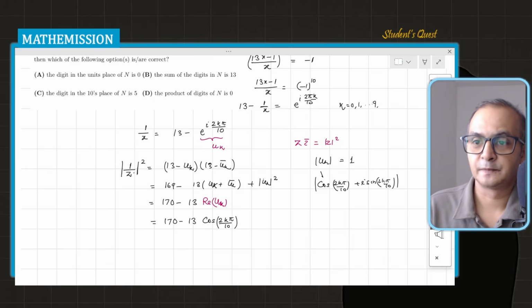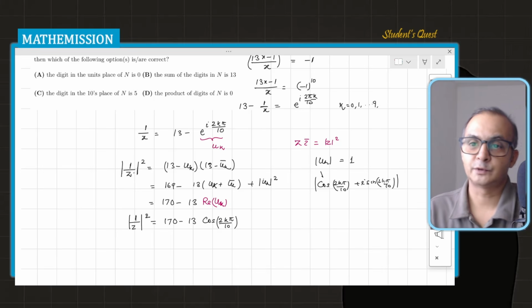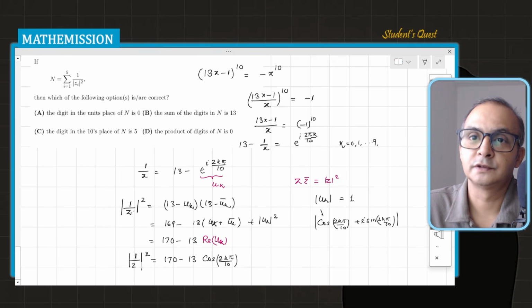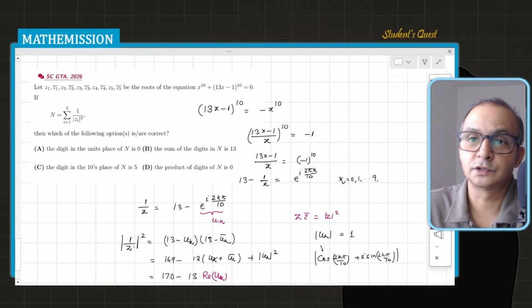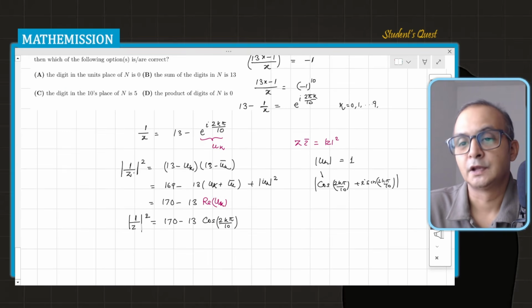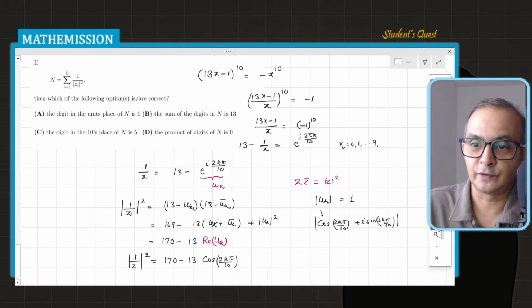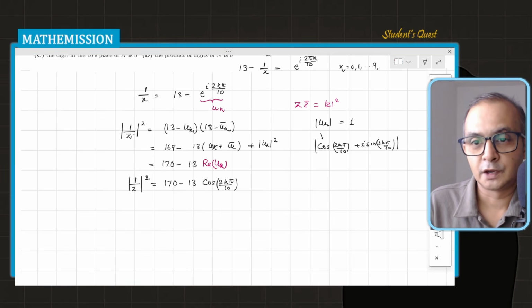Of course, yes. And here I have 1 by z magnitude whole square. I have to give the sum from i equal to 1 to 10, which means k goes from 1 to 5. So I have to give this summation for k from 1 to 5.